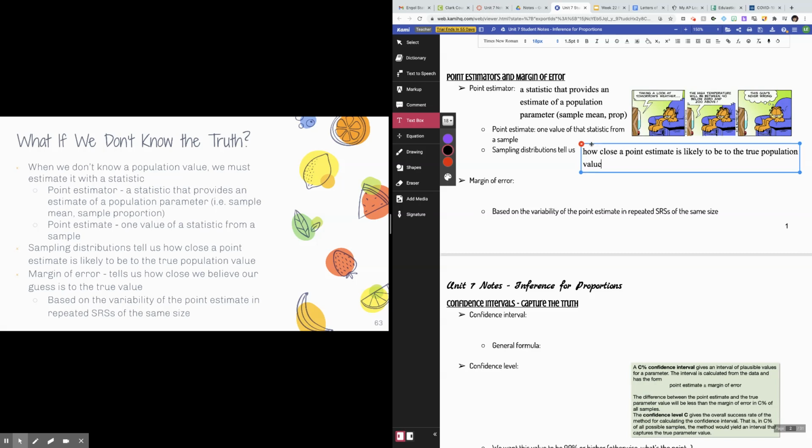Then we have one more vocab term that we need to know here, which is margin of error, which you probably have heard before but may not have an exact definition for.